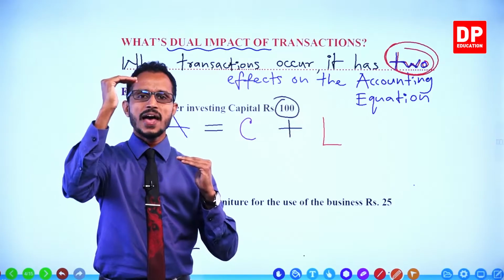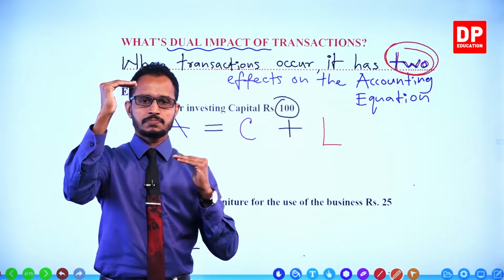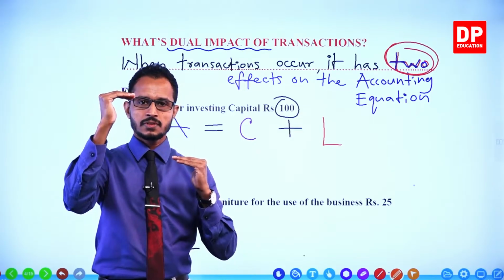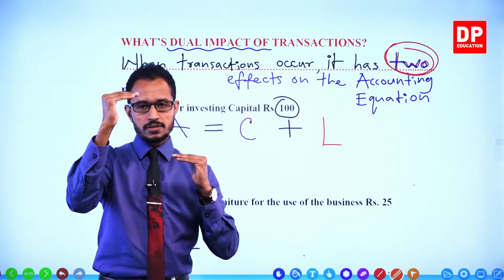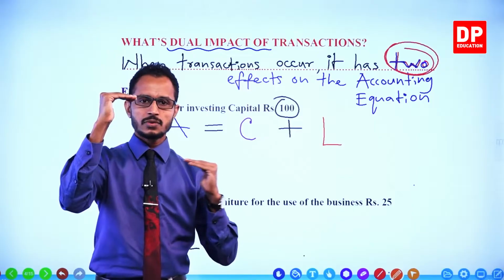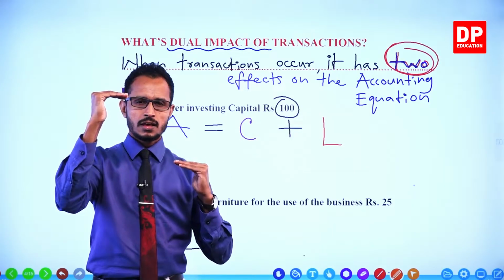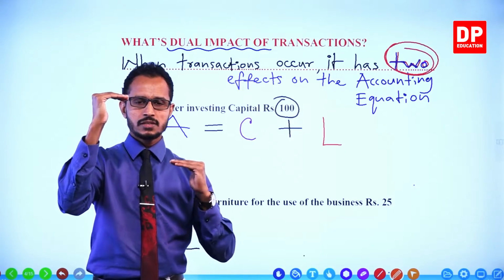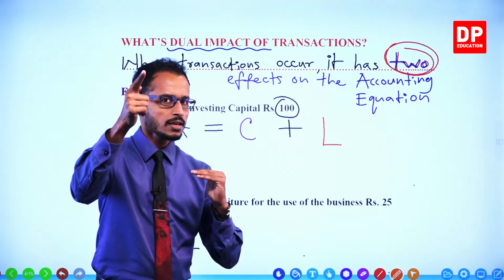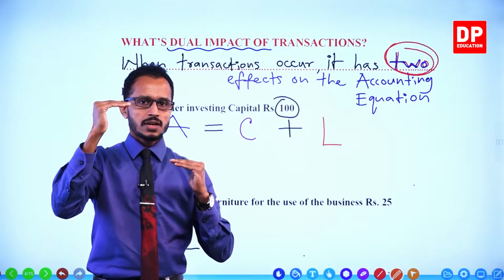One impact is that the cash asset increased. So this is the first impact. Now tell me the second impact. What increases or what decreases? Somebody said equity. Yes, very good. Cash asset increases.